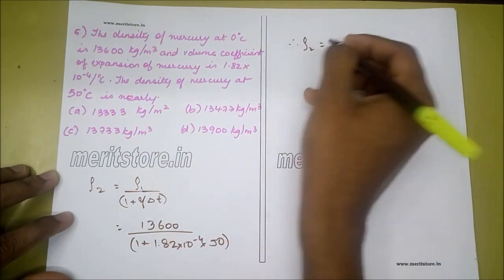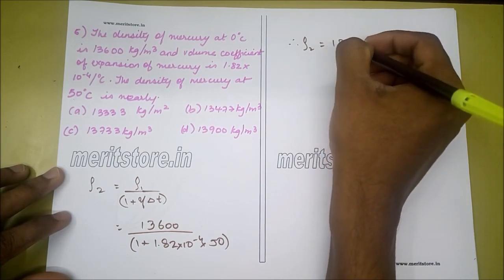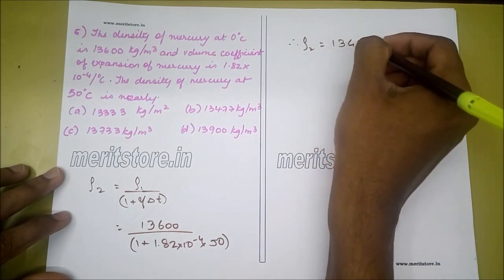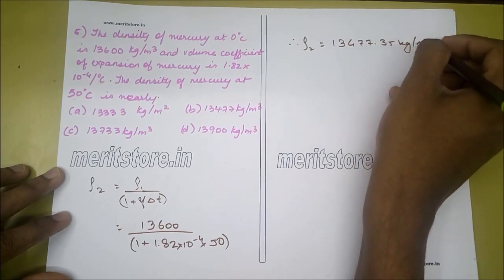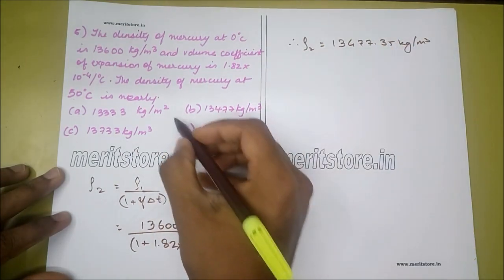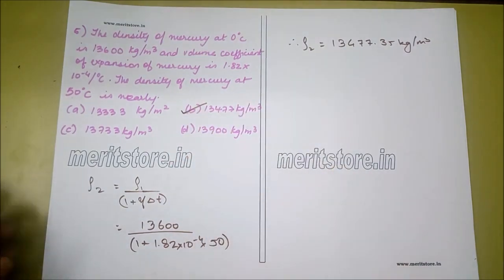So therefore the value of rho 2 that we get is 13,477.35 kg per meter cube. So the closest answer is 13,477, hence option B is the correct answer.